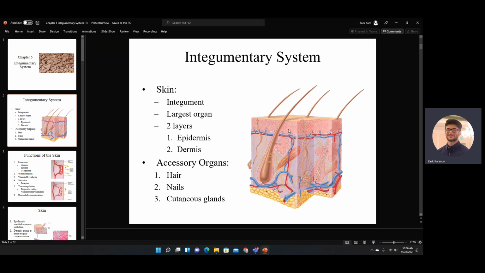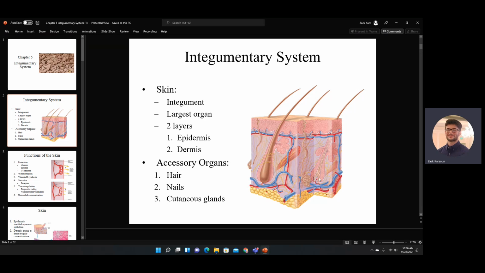So you have the epidermis right here, which is this top portion, and then you have this matrix layer over here, which is actually composed of areolar connective tissue and reticular connective tissue, but this is called the dermis. And then the third layer is called the hypodermis, or the sebaceous layer.